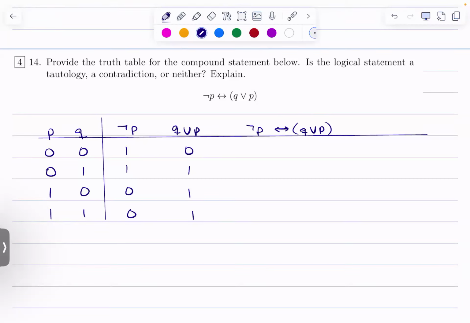Well, you'd be making me work pretty hard. But if you always start with the zeros, that's good. And then I get 0, 1, 0, 0.